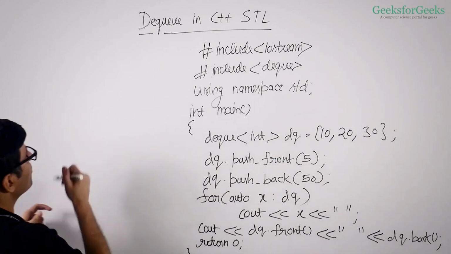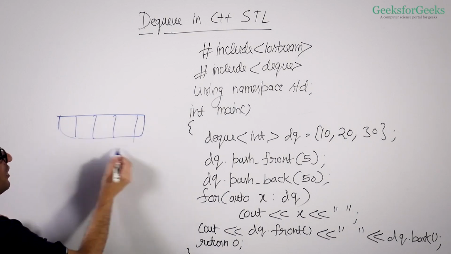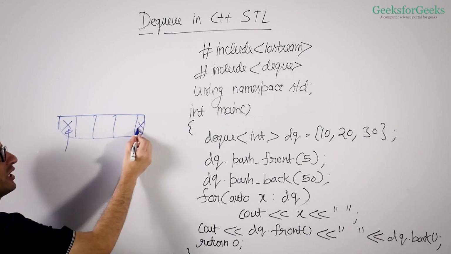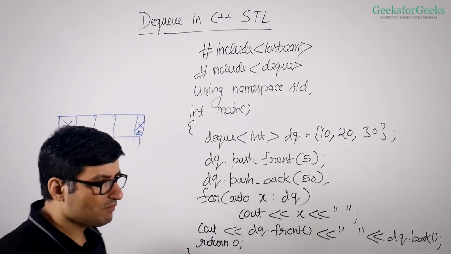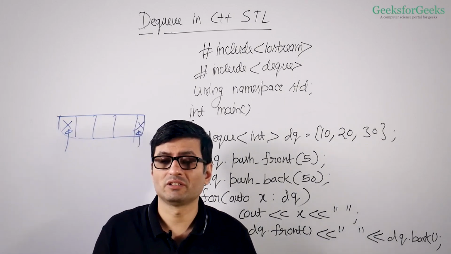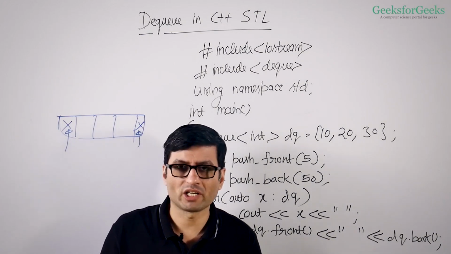So if there is a Deque which has certain items, you can insert here, you can delete from here, you can insert here, you can delete from here. Deque in C++ STL is generally implemented in a different way from other languages.